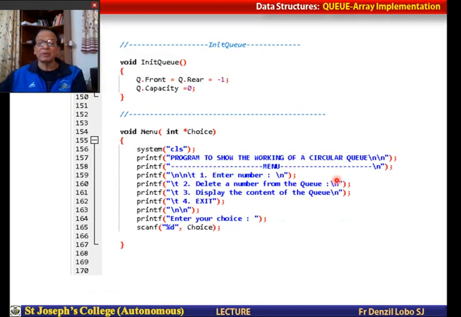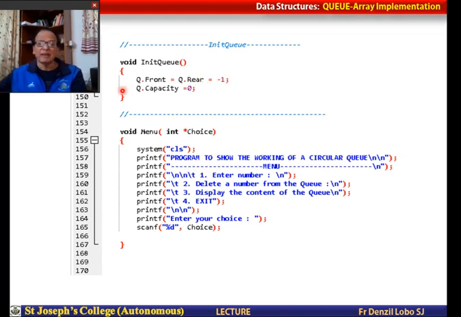Now init queue. What are we going to do in the init queue? In init queue, I am initializing the front and the rear to -1. Therefore, if front and rear are equal to -1, we know that the queue is empty. Or even if the rear of the queue is -1, we know that it is empty.